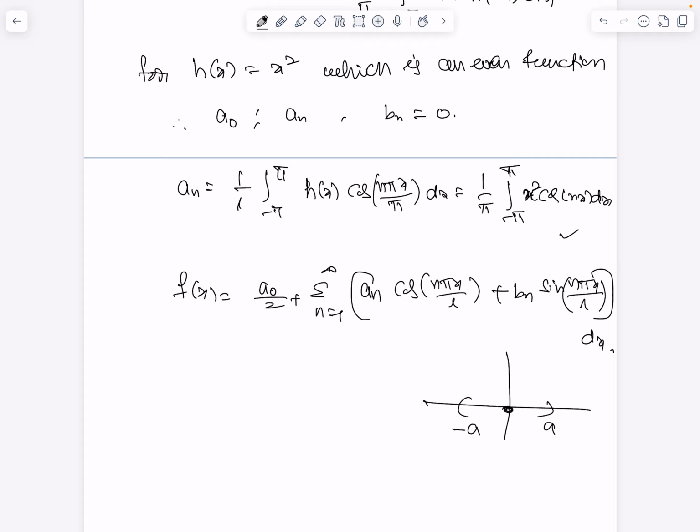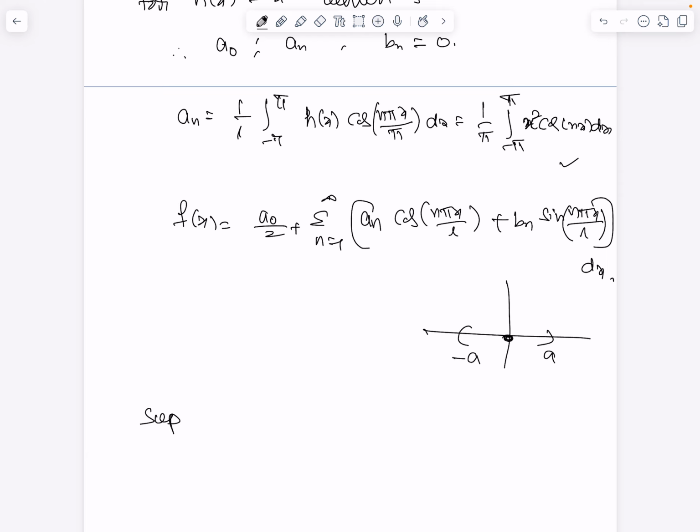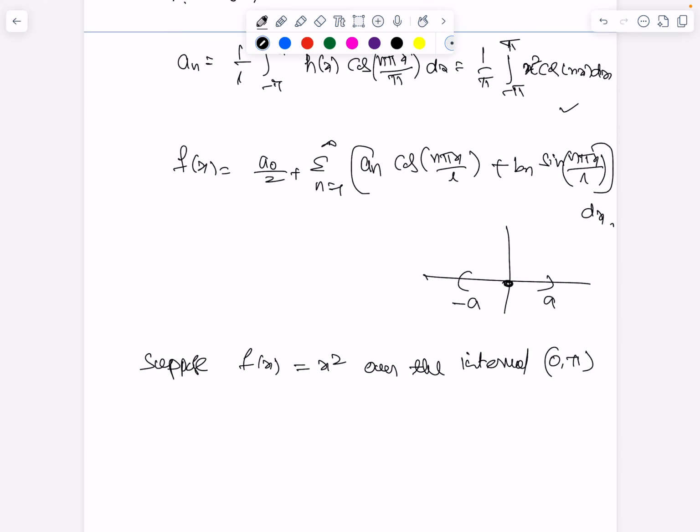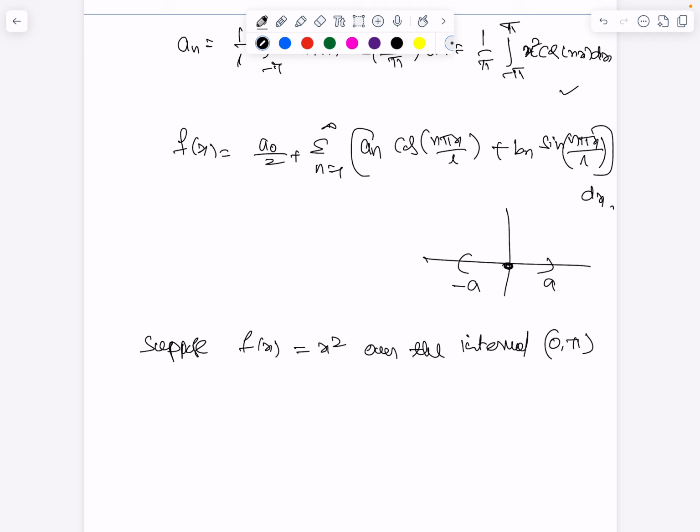Otherwise you cannot use it. Suppose f of x equal to x square over the interval 0 to pi. Here we should not apply the technique that is even or odd.